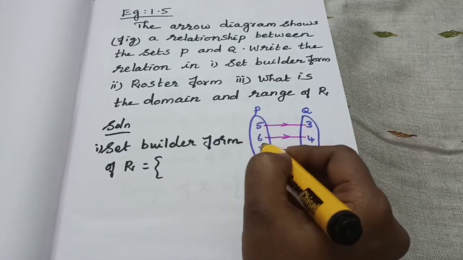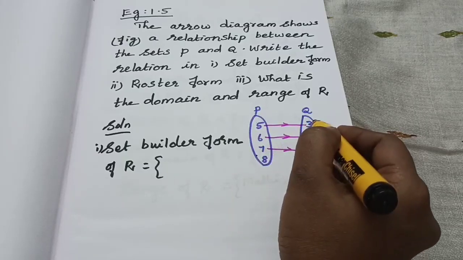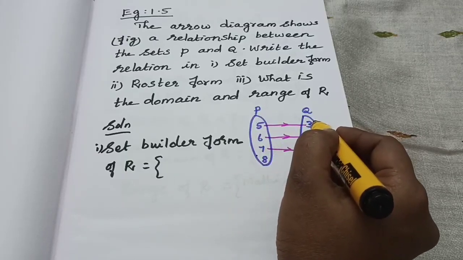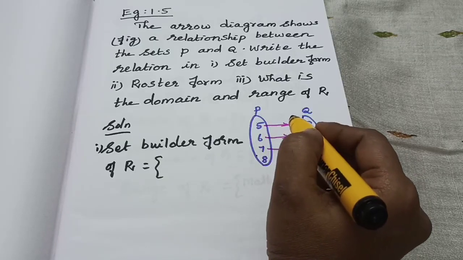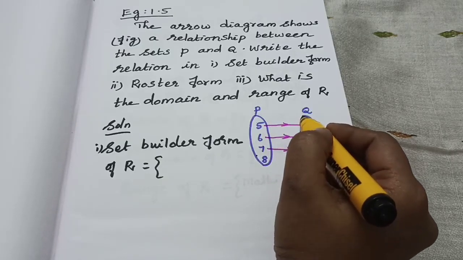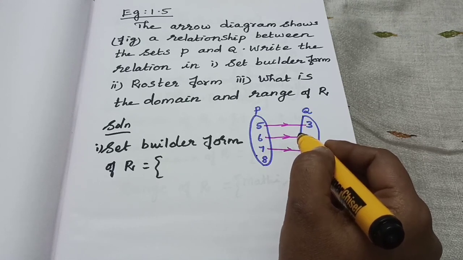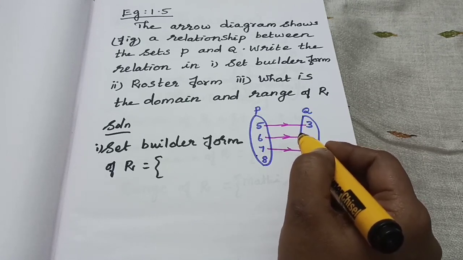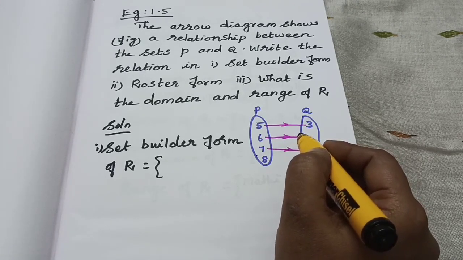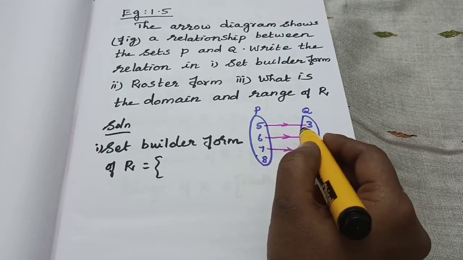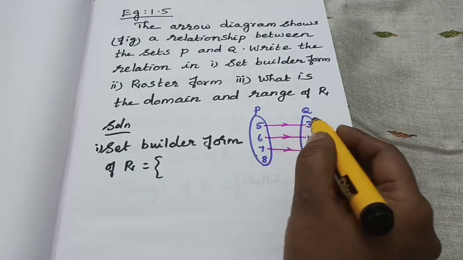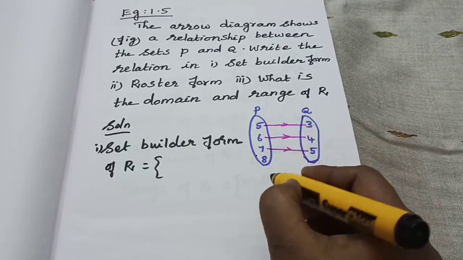Here, these are the X values, then the Y values. Y is equal to some specific condition we need, isn't it? Our definition is, a relation from A to B is a subset of A cross B satisfying some specified condition. Here, which condition is not given? That means Y is equal to, we have to take.